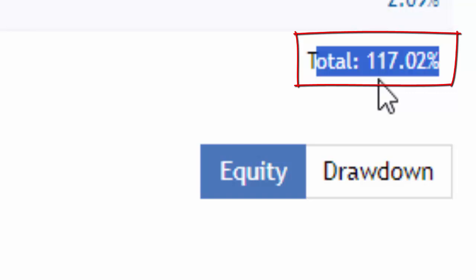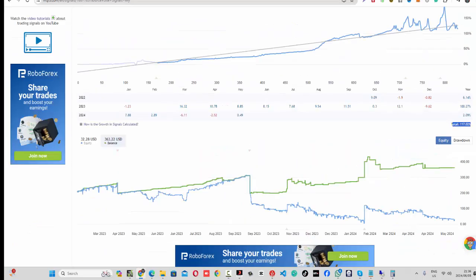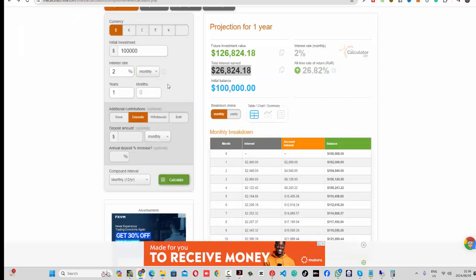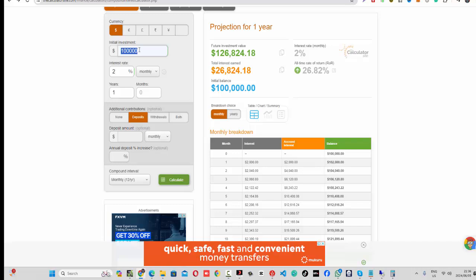Now, let's look at this. 117%, less than 2 years. Let me just say I put, how much did I put on this account? I forgot. But let's say it's $2,000. And I already have 117%.